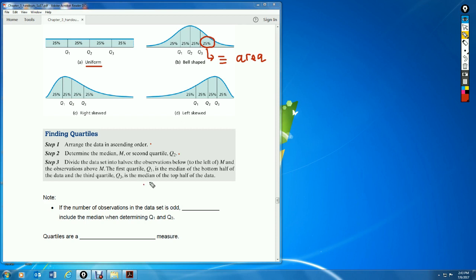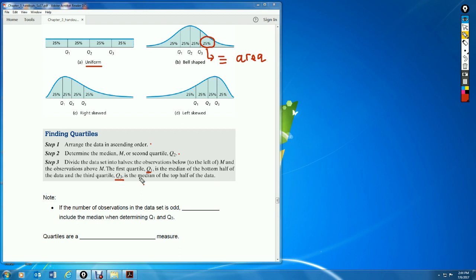And then third, basically divide the data set into halves. The data values below the median and the data values above the median. The first quartile, Q1, is the median of the bottom half. The third quartile is the median of the top half.